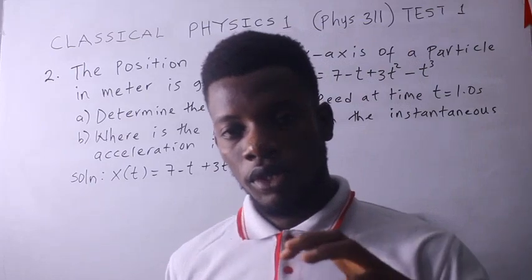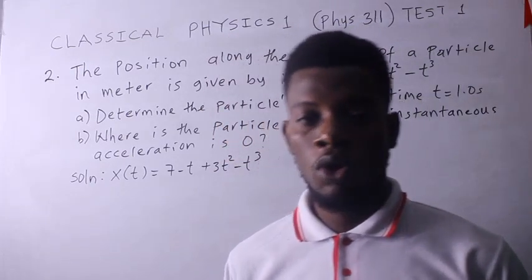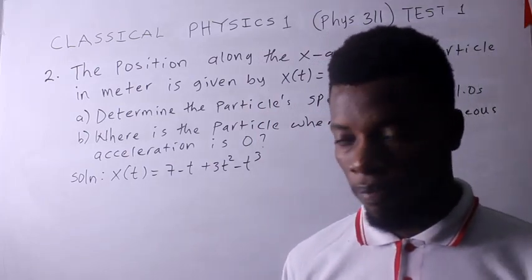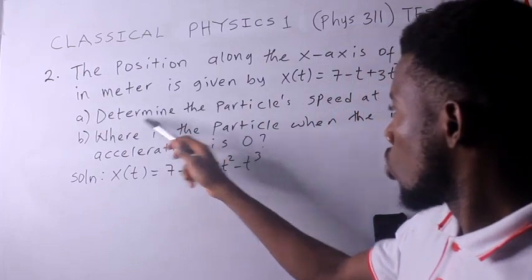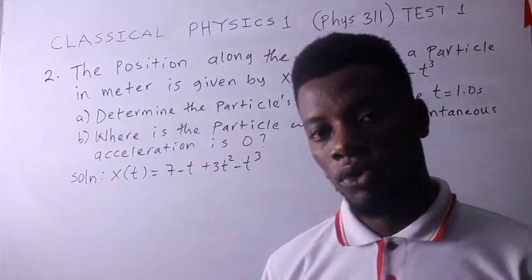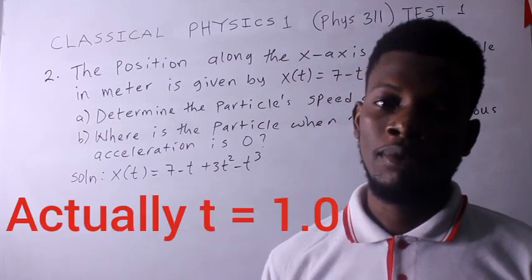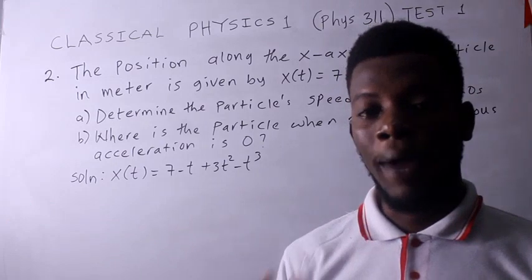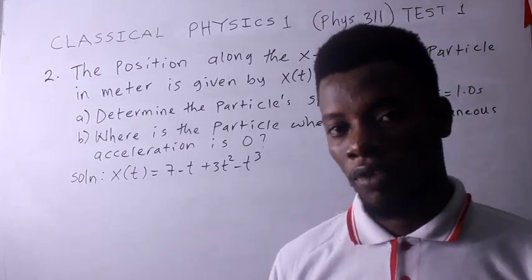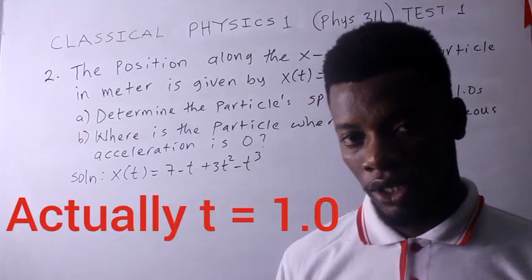Now, the change in position of a particle with respect to time is called the velocity of the particle. So the first thing we have to do is to find the velocity of the particle at time t equals 0, and the magnitude of that result, meaning the absolute value of that result, will give us the particle speed at time t equals 0.